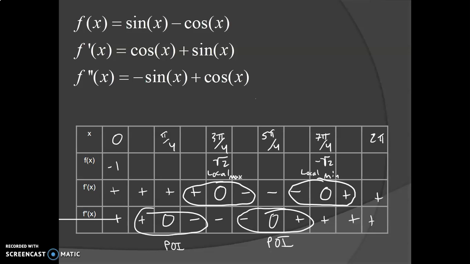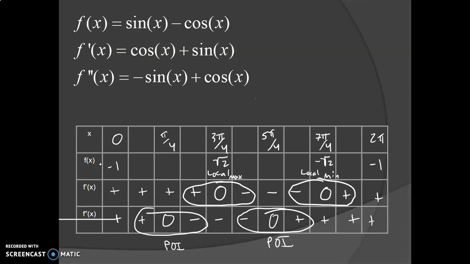And then if I plug 2 pi into the original function, I would get negative 1. And you have to check this endpoint even though it wasn't included, because that might make one of these either be the absolute max or min or not, depending on whether this value was above or below it. Since it ends up being in between our local max and min, it ends up not mattering on this problem, but you still always need to get in the habit of checking both endpoints.